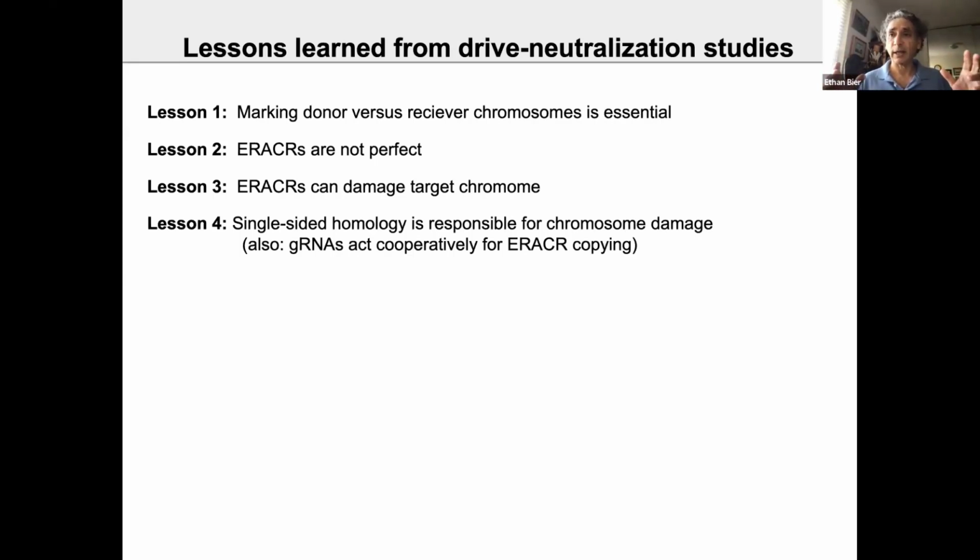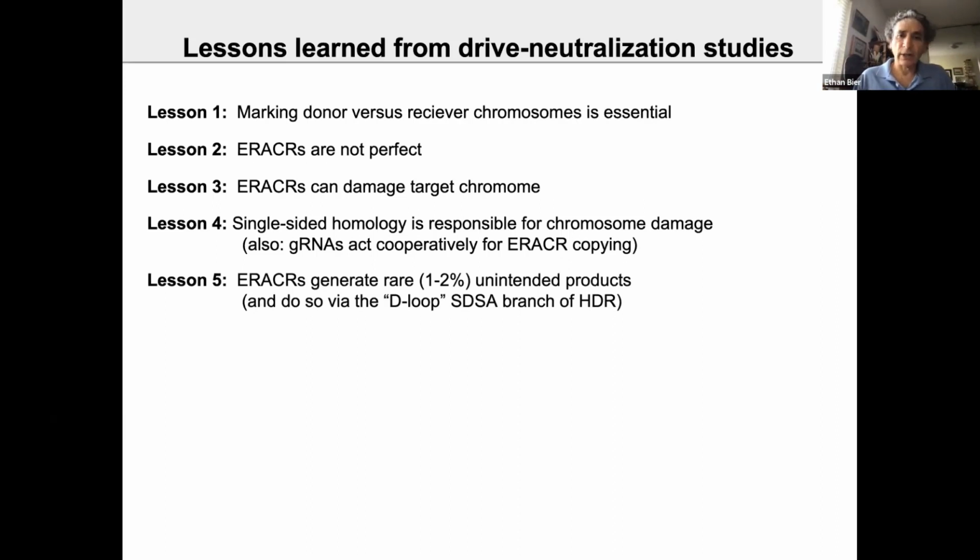In fact, we think they're probably cutting in a staggered fashion, one after another, each one creating a problem where there's one-sided homology, and that has a certain probability of leading to a failed repair event that leads to something that's bigger. And we haven't analyzed exactly what that is. It'd be interesting to know, but it's localized in the sense that it can be rescued by a short local duplication of the tip of the X chromosome. So it's not destroying the entire chromosome.